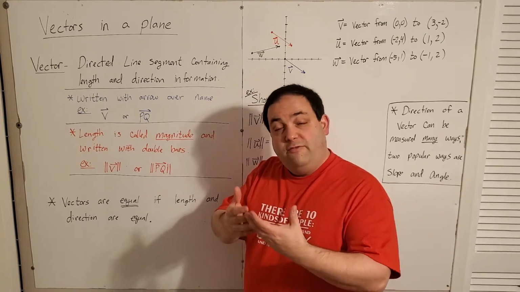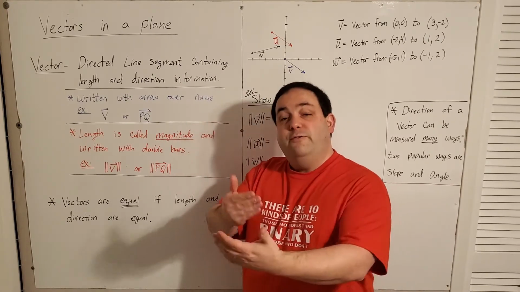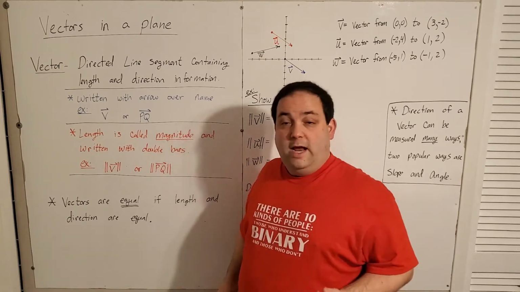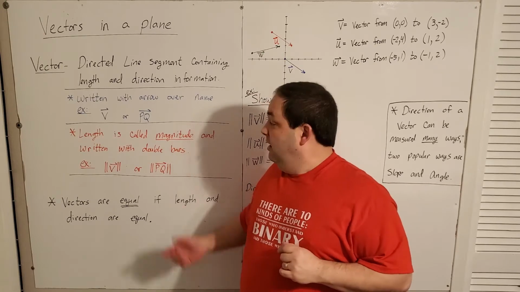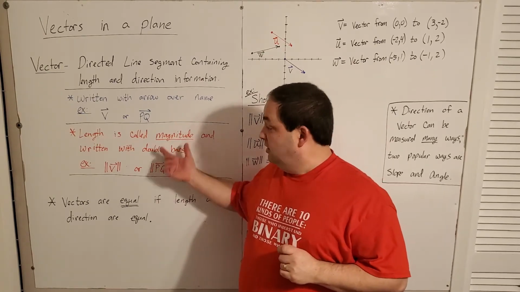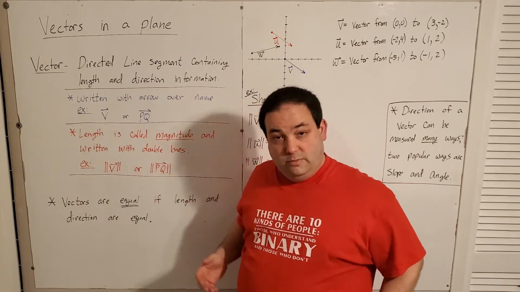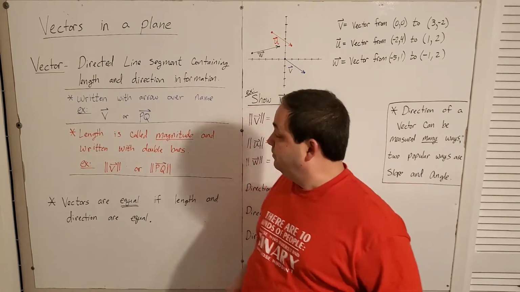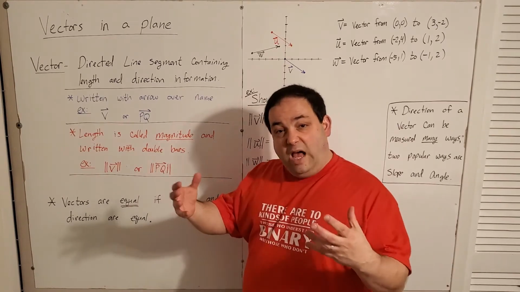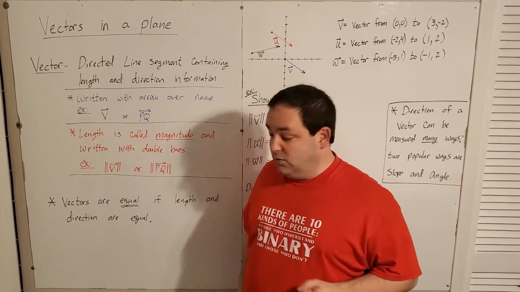So if this were a force vector, it would be how much force, how many newtons or whatever you're measuring in, does that force carry with it. If it's a velocity, the magnitude of the velocity would be the speed. If it was the position, the magnitude would be the distance from some sort of origin or displacement. Okay, regardless, the magnitude of the vector is the size of it, how much stuff it has with it.